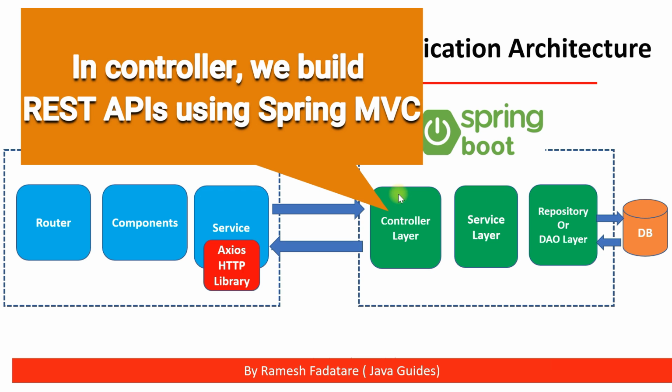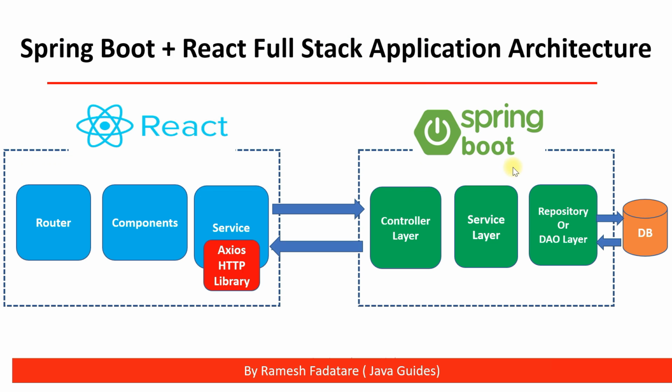Controller layer basically holds Spring MVC controllers, and service layer holds all the business logic. We keep all our business logic in the service layer. Apart from business logic, if you have any call to third-party REST APIs, then you can also keep that logic in the service layer. And in the repository or DAO layer, we keep database related logic or persistence logic.